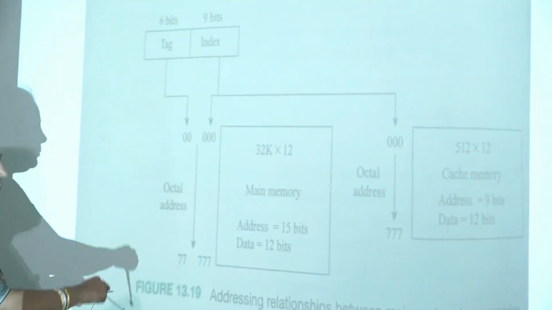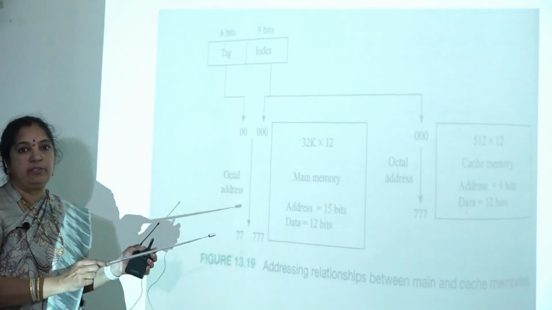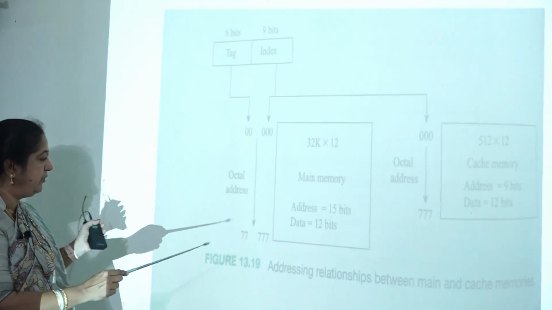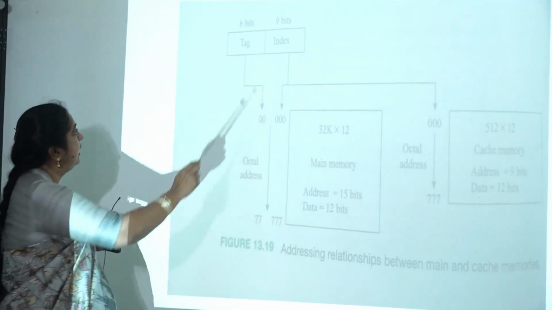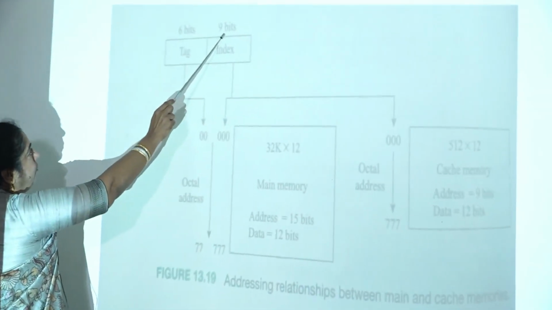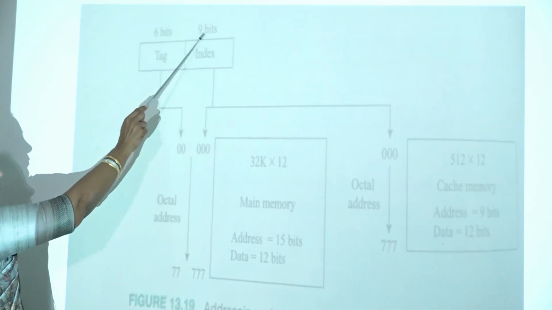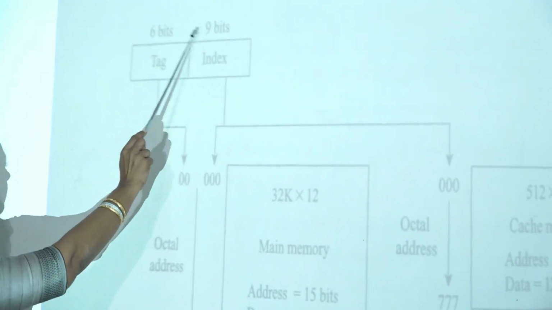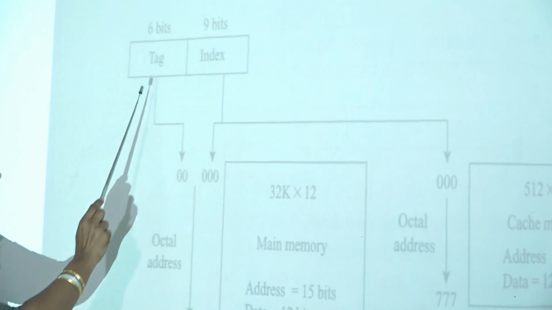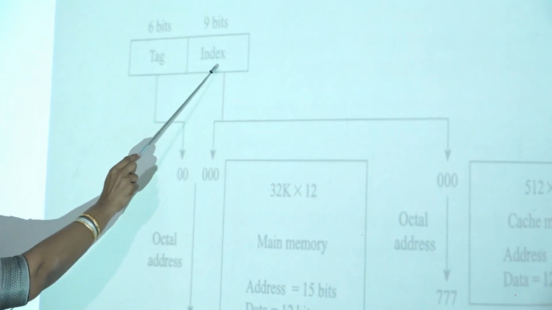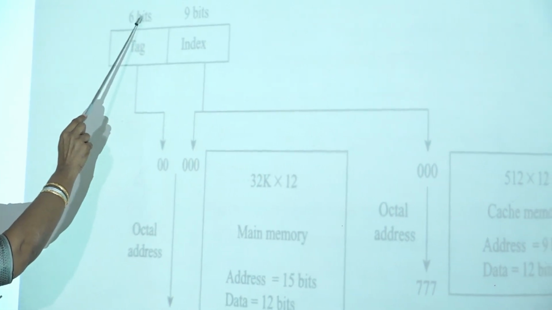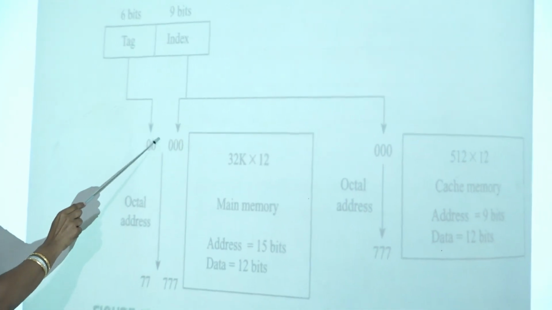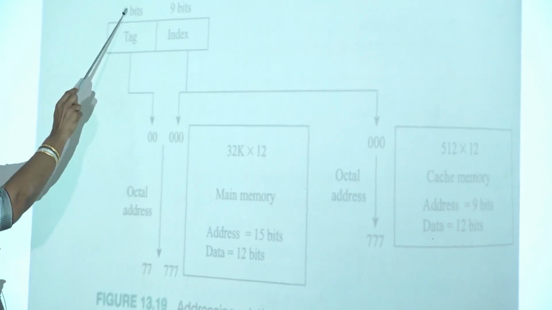This is the block diagram which explains direct mapping, the addressing relationship between main memory and cache memory. As I told you, we have a 15 bit address. This 15 bit address is divided into two parts, one is tag and the second one is index. The tag has 6 bits, and in octal representation 2 octal digits are required to represent 6 bits.